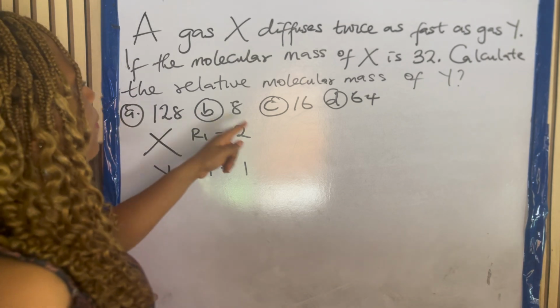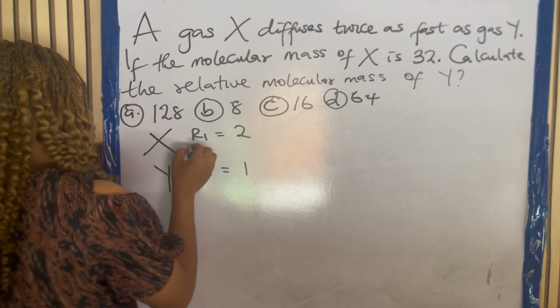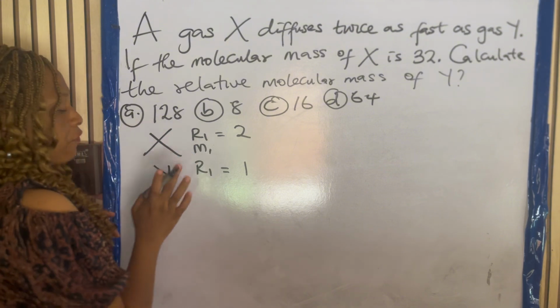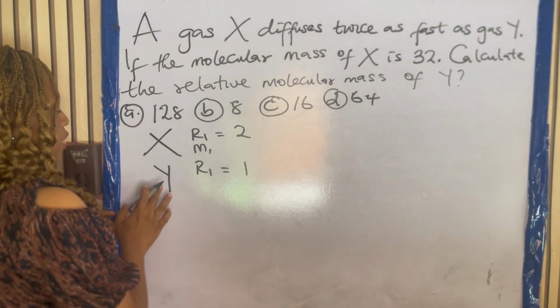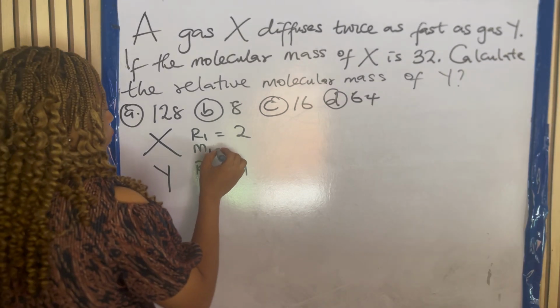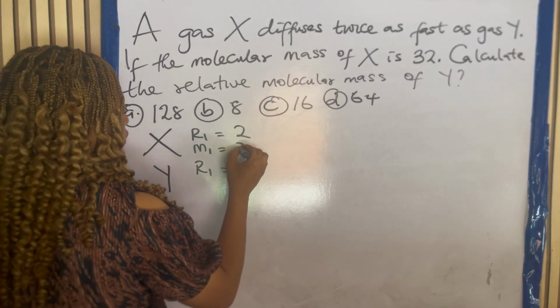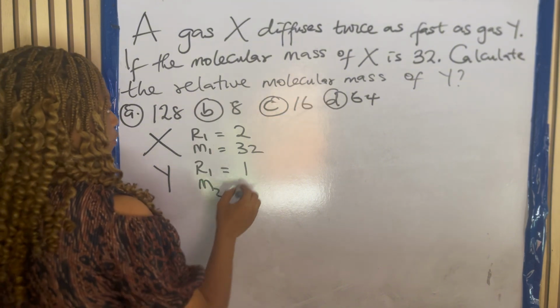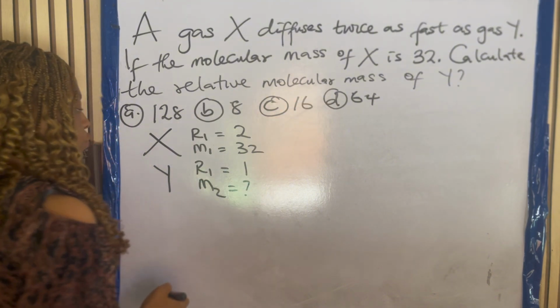Then if the molecular mass of X is 32, this is X, so M1. That tells you that everything about X is going to be 1 and everything about Y is going to be 2. So M1 is 32. Then we are looking for what? Calculate the relative molecular mass of Y. We are looking for M2.